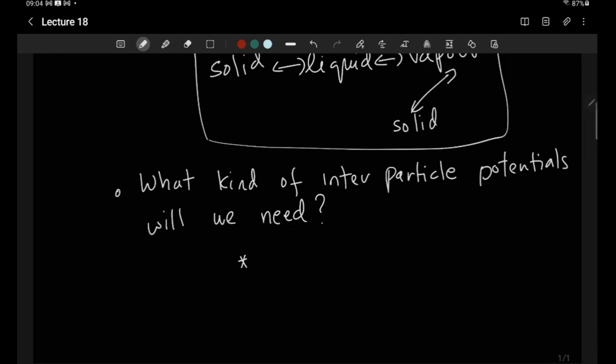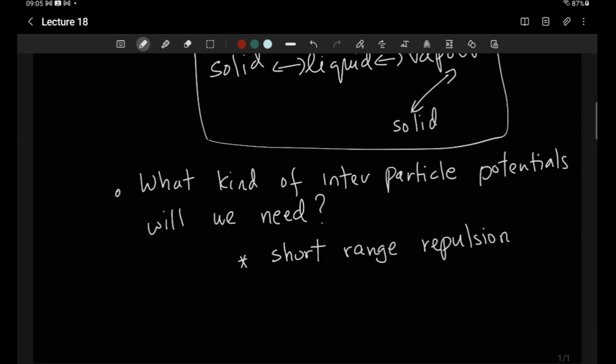The answer is that there should be short range repulsion, so they won't come close to each other. One simple way of incorporating short range repulsion is to say that particles have some finite size, so they cannot get closer than something.